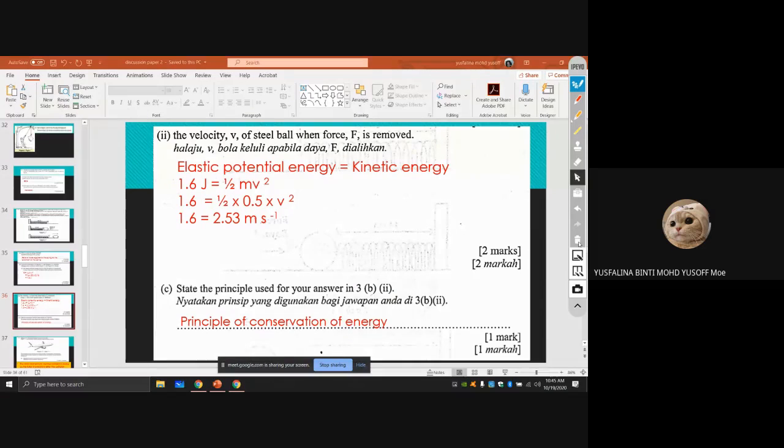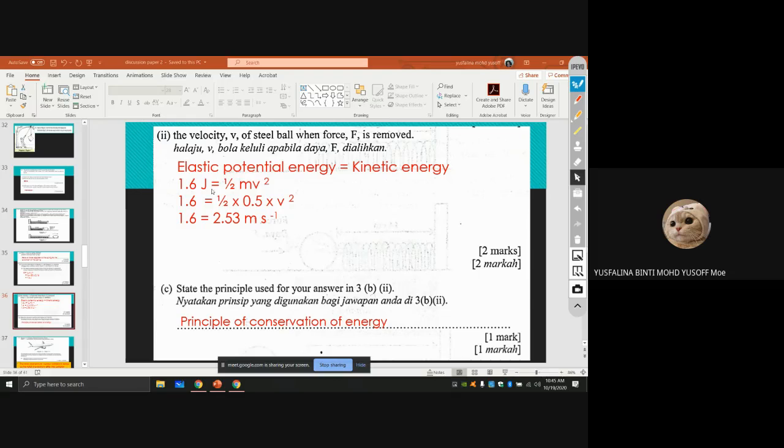So we assume that the elastic potential energy is the same as the kinetic energy, because you want the velocity here. The formula for energy that has the velocity is kinetic energy. So elastic potential energy is equal to kinetic energy. The elastic potential energy we already calculated in the question before.